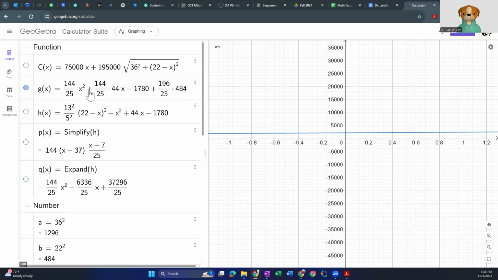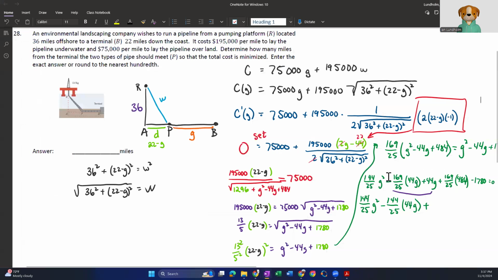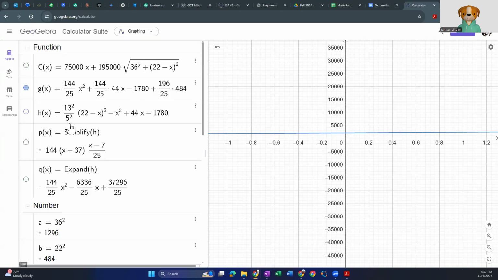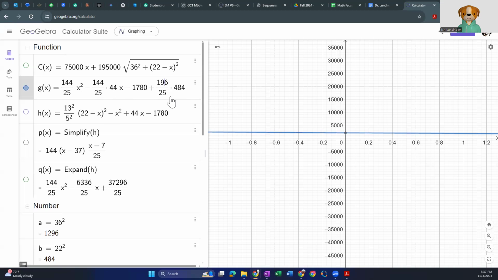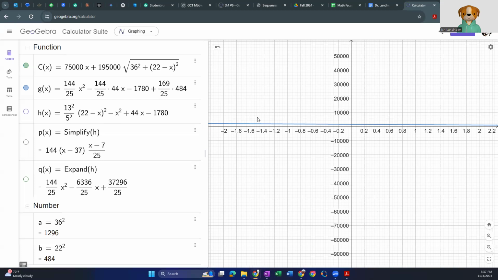Okay, the idea here is I accidentally typed a plus sign when there should have been a minus sign. So on this part of it, this should be a minus instead of a plus. So when I did this, this should be a minus. And I typed in 196 instead of 169. And that's a problem as well. And then we have a g.